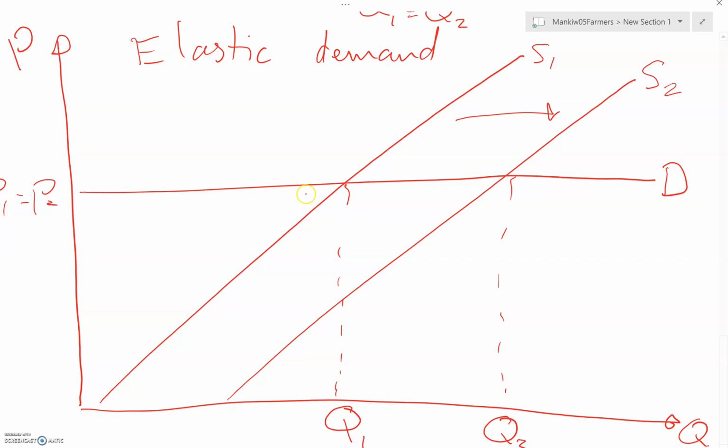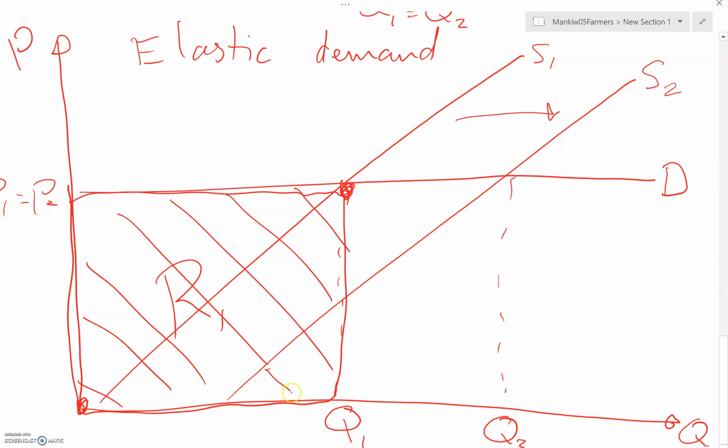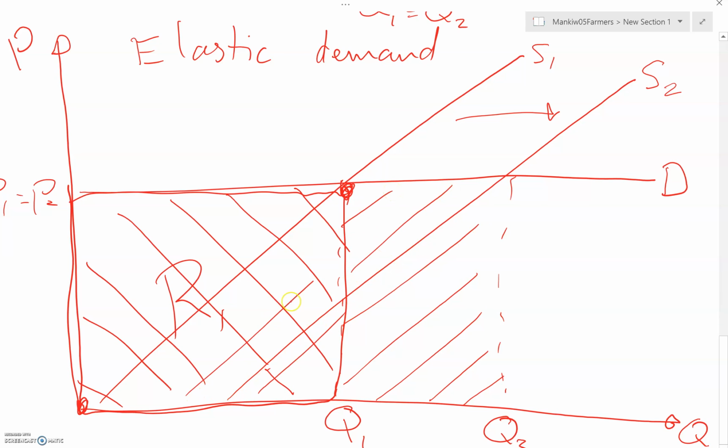To see this, here is our initial revenue, P1 times Q1, the area of this rectangle here. But our final revenue also includes this rectangle here, so revenue 2 is going to be this whole area. So revenue has increased.